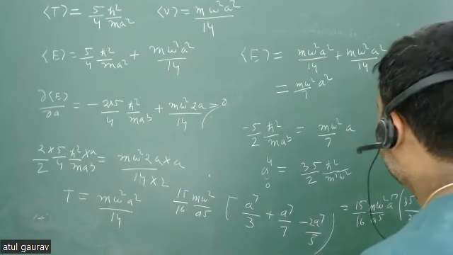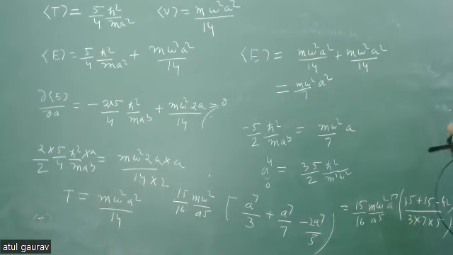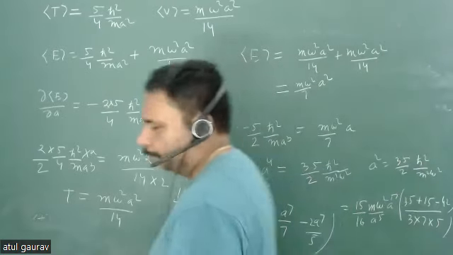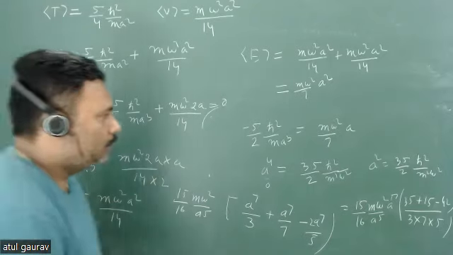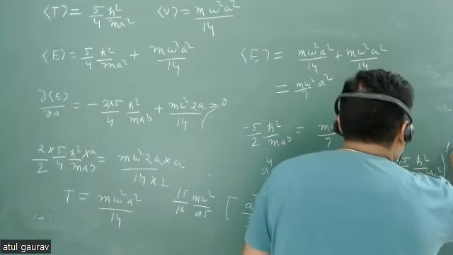Right? So what is a square? A square is 35 by 2 h cut square upon m square omega square. Is it correct or is there some mistake? Have a look. A square to the power half actually.